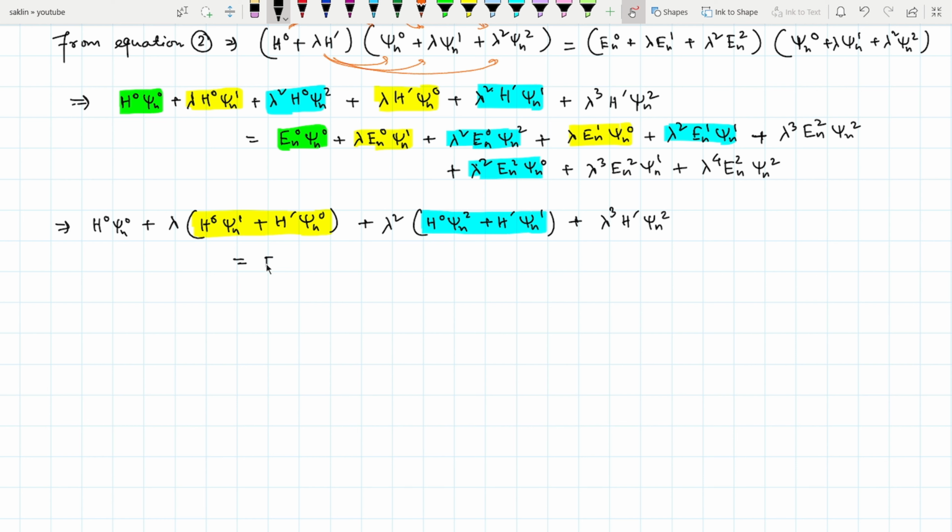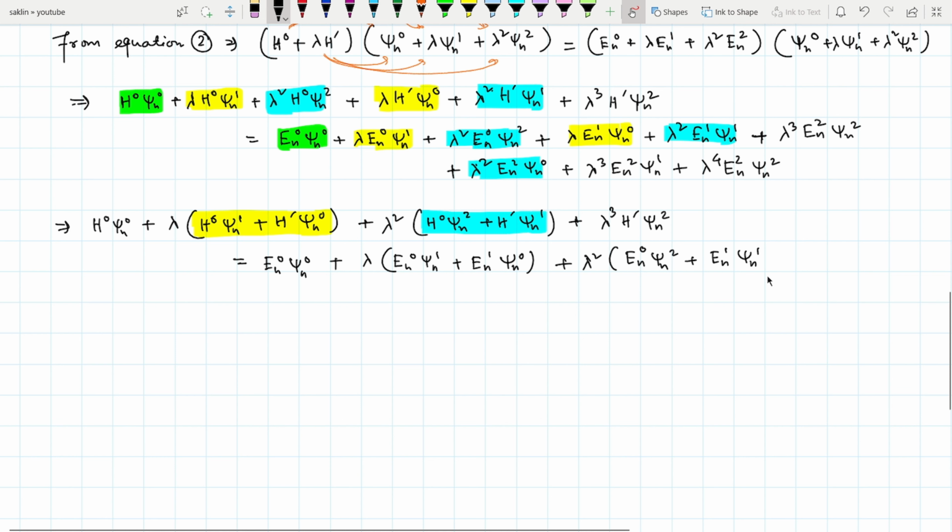After that, En0 psi n0 remains the same, and here the lambda we will take from the yellow portion. We can write this as you can see, and the last lambda square is taken from the blue colored terms. Here you can see these terms, and the last term is plus En2 psi n0.